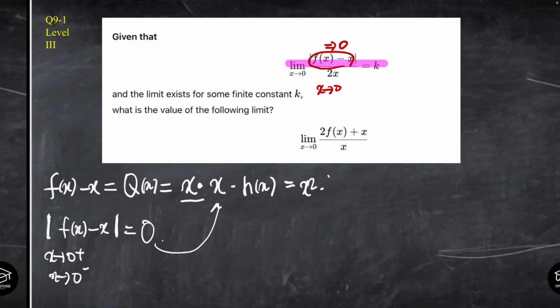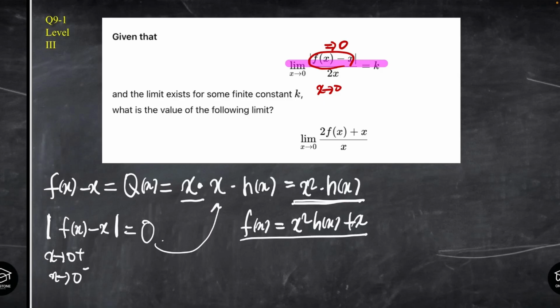And to fully cancel out the denominator 2x, it should actually contain x squared. That leads us to assume f(x) minus x equals x squared times h(x), which implies f(x) equals x plus x squared times h(x), where h(x) is some function that is continuous, or at least finite, as x approaches 0.